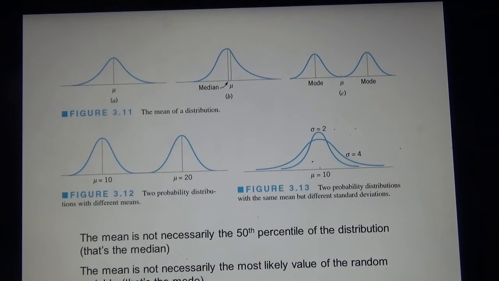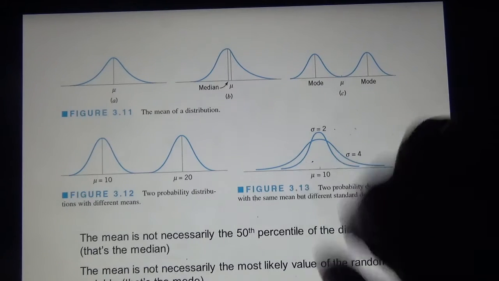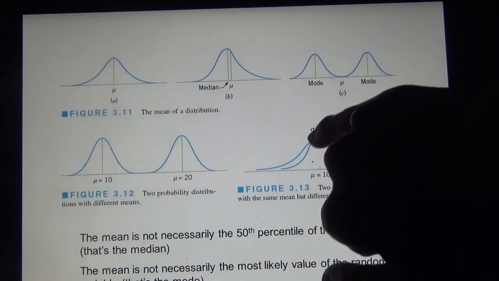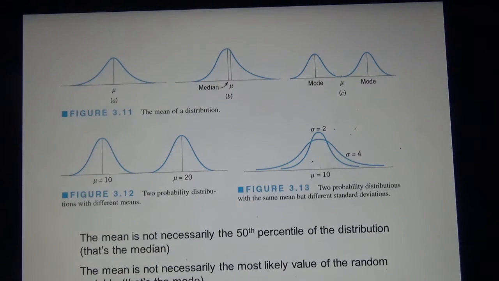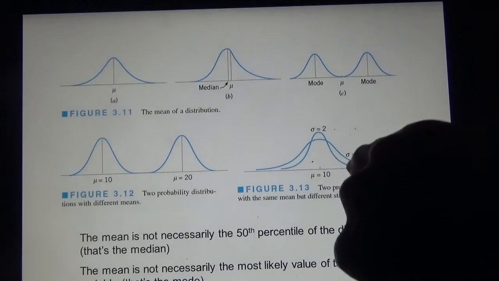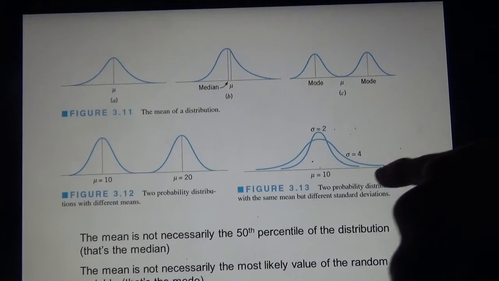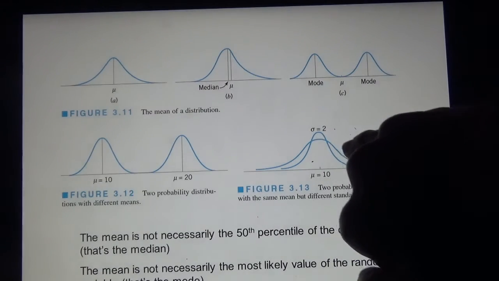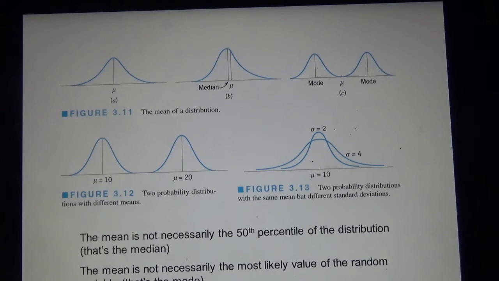What does 2 mean? What does 4 mean? 2 means that the distribution of the data is very close to the mean. The target is the mean of the production, let's say, and these are the products that diverge from the mean, which is 10. So for sigma equals 4, we have a larger distribution, which is not good for the quality of the product.